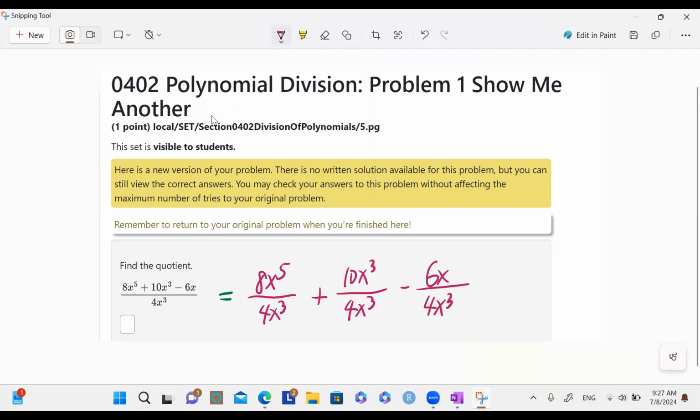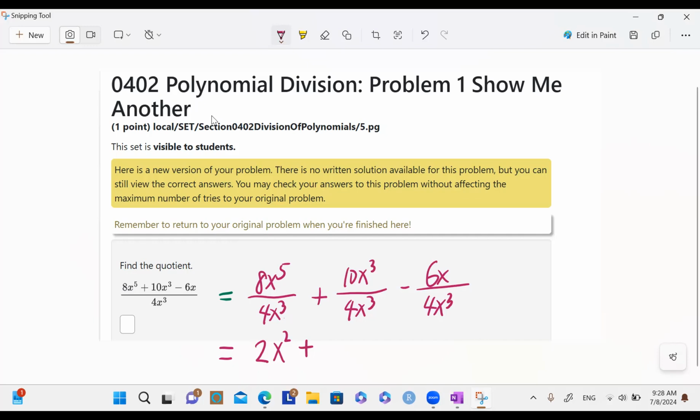From there, you divide one by one. 8 over 4 is 2, and x to the 5 over x cubed is x squared. Take the first one. Second one, 10 over 4, you can reduce it.